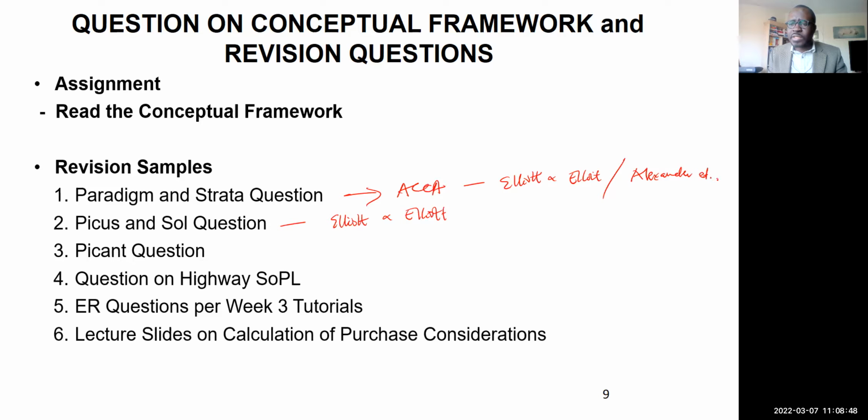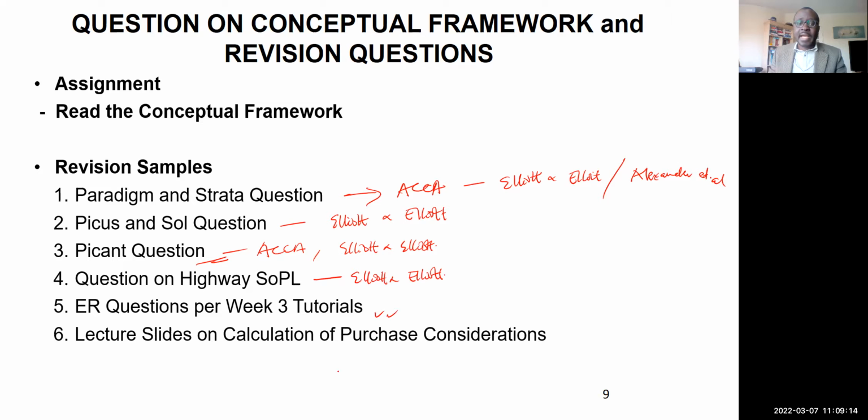Alexander and his colleagues. So you still find it there. Piquant is ACCA, but I think you can still find it in Elliott and Elliott, if I'm not mistaken. It's either Elliott and Elliott or Alexander, but you still find it on the tutorial site. Okay, there's a question on Highway, and that's purely Elliott and Elliott. Okay, so on and so forth.